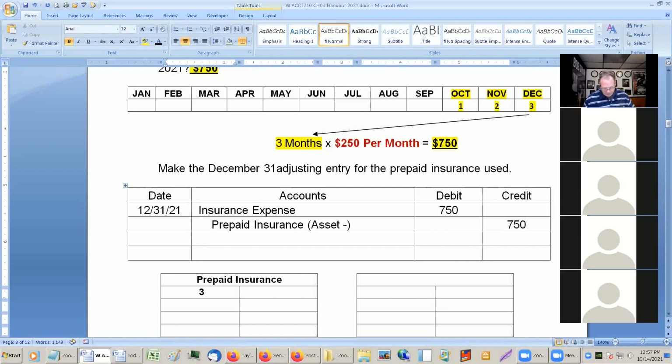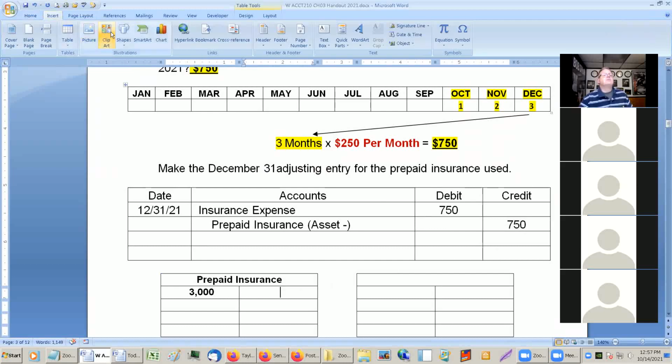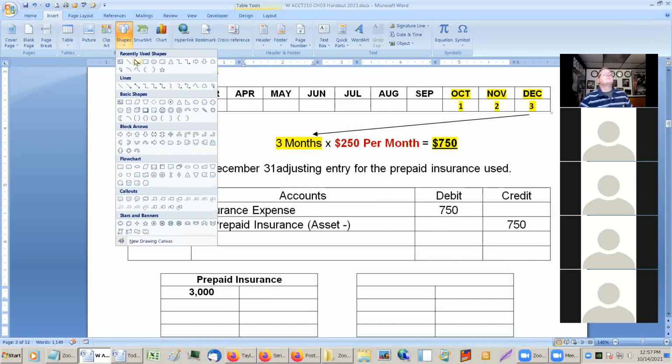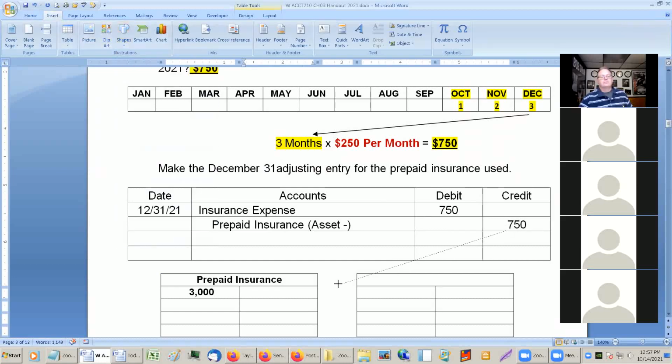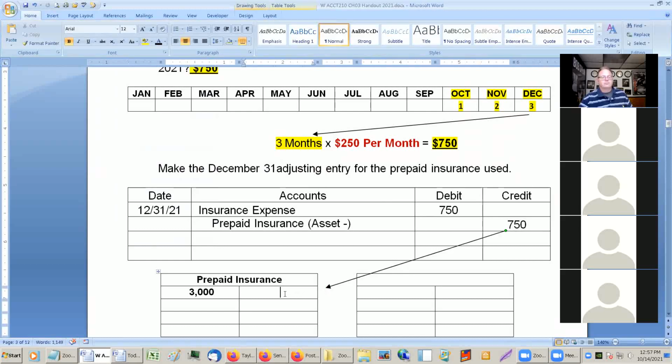Start out with 3,000 in there. Took out 750. Okay, so we still have what is that? 2,000, 2,250, I think.